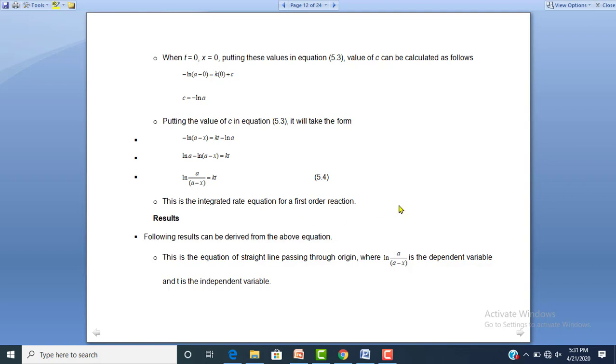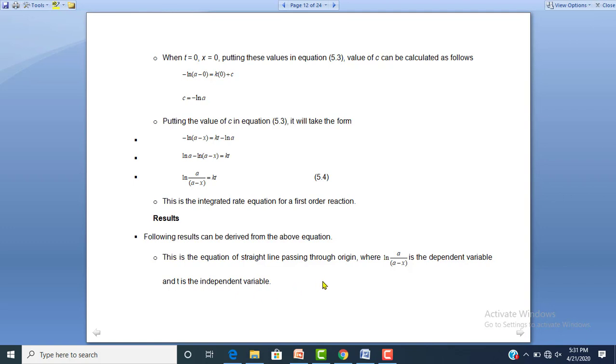Now, dear students, we will study some results related to this equation 5.4. This equation 5.4 is the equation of straight line that passes through the origin, where natural log a over a minus x is the dependent variable and t is the independent variable.